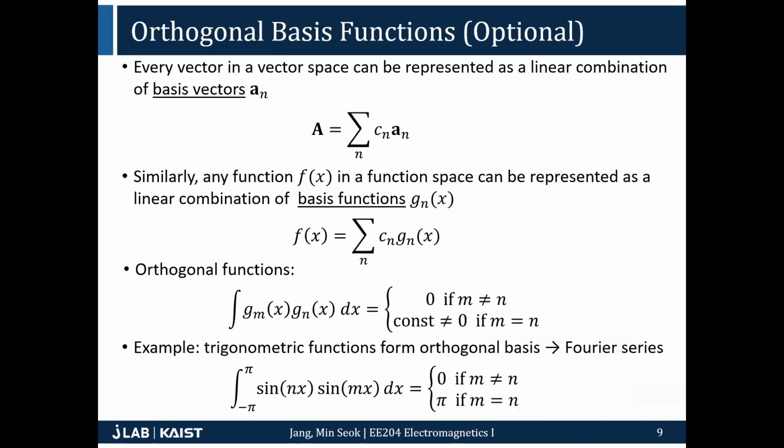Before we talk about that, let's go back to our vector space for a short time. Let's say you have a vector A, and this vector is a linear combination of Cn An.